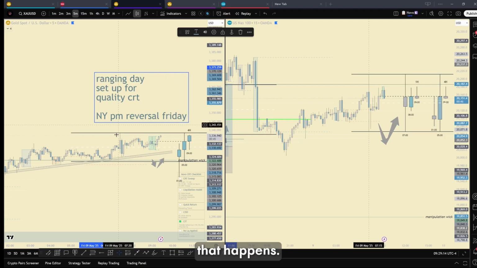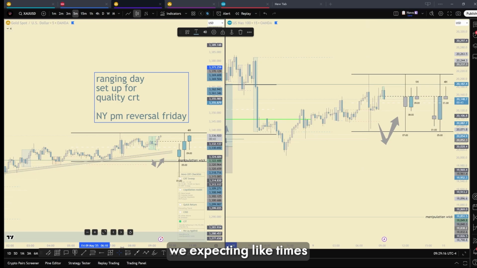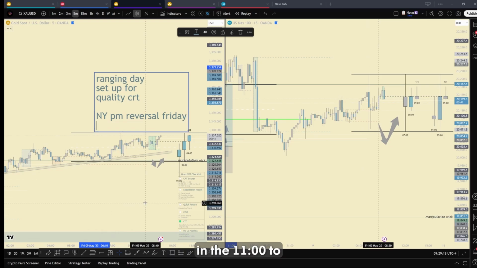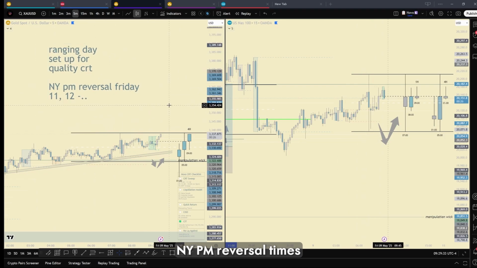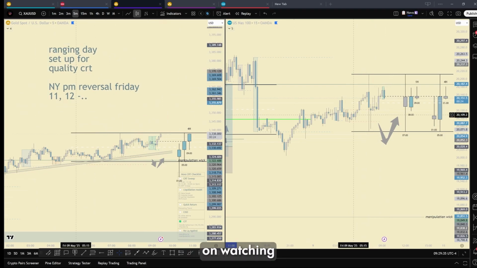Now it could be a move that happens, but we're expecting times like 11 o'clock, 12 o'clock, further on. These types of times I would see as the NY PM reversal times. But for now, I'm just going to keep watching what we get here.